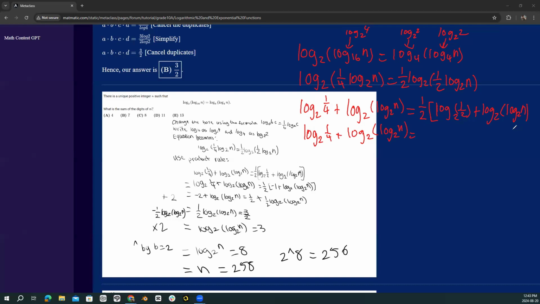Here, we're going to first work inside of the brackets. These two 2's will cancel out, which leaves us with this 1 here.